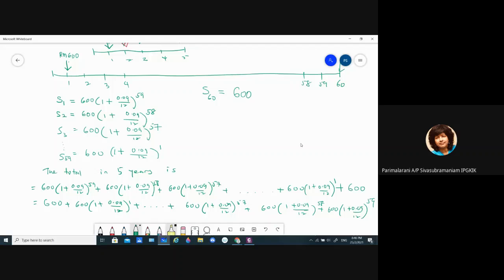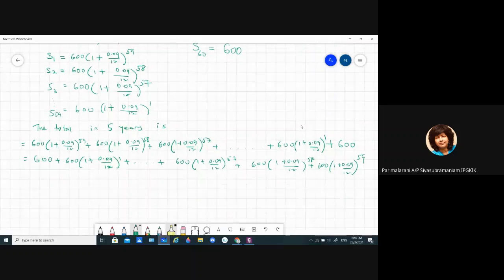Is that correct? So this is the total amount of money.